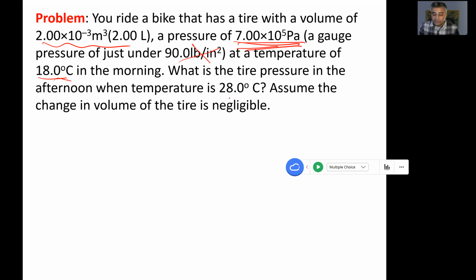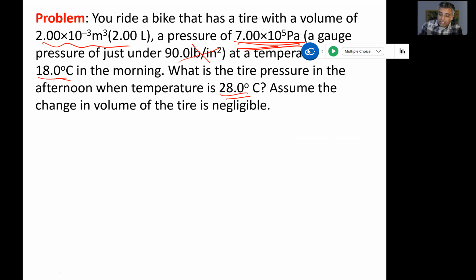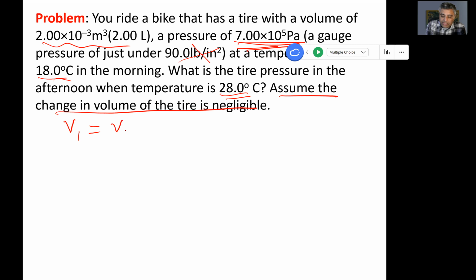And now let's suppose temperature changes, then how does the pressure change? When temperature increases, pressure increases, we know that. But by how much? It's not done here, so let's do it. Volume V1, V2, it's the same.